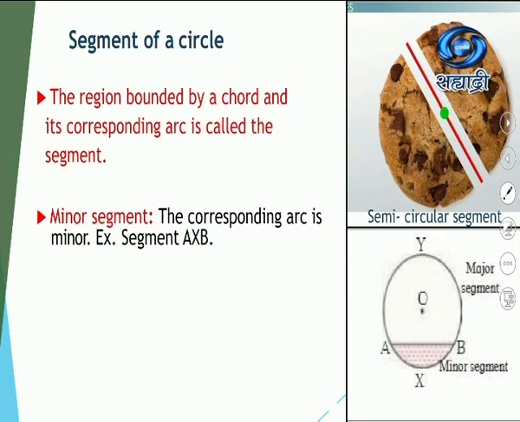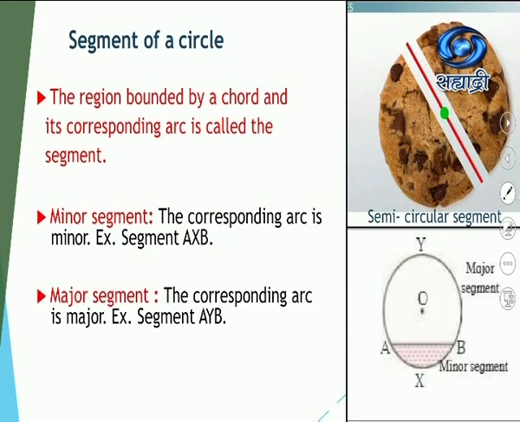Again, there are two types of segments. Minor segment. The corresponding arc is minor, then the segment is a minor segment. So AB is a chord and AXB is a minor arc. Therefore, segment AXB is a minor segment. And what is a major segment? When the corresponding arc is a major arc, then the segment is known as a major segment.